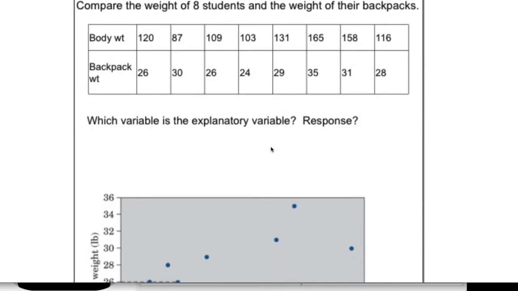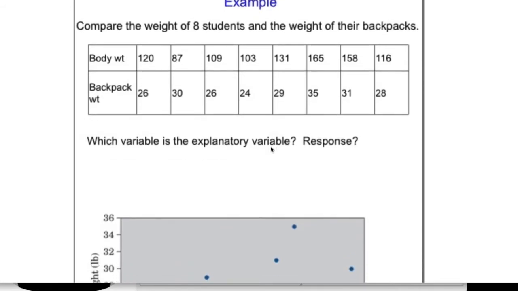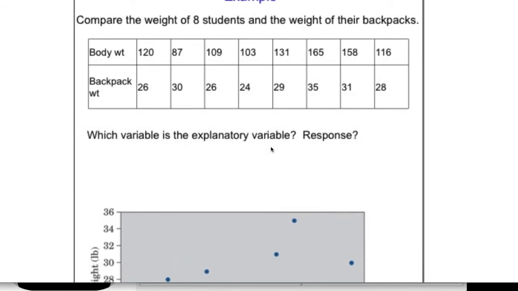Looking at another example, comparing the weight of 8 students and the weight of their backpacks. In particular, the resource I got this from is talking about 8 people going on a hiking trip, and as you would need on a hiking trip, you bring a backpack full of stuff to camp overnight, and so each person was assigned a particular backpack.